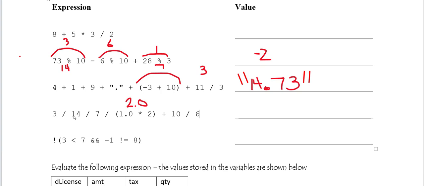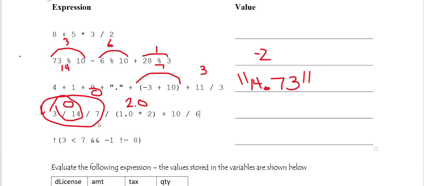So 3 divided by 14 will actually be 0.02 or something like that. But we truncate that. So this is going to be 0, this value. So now this is the numerator to that integer division. So 0 divided by 7, and we end up with another 0.